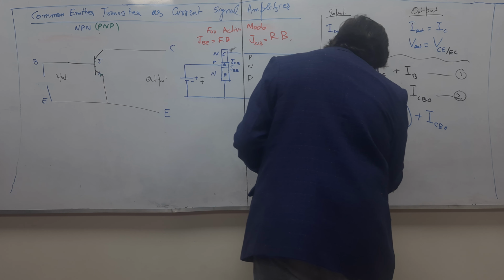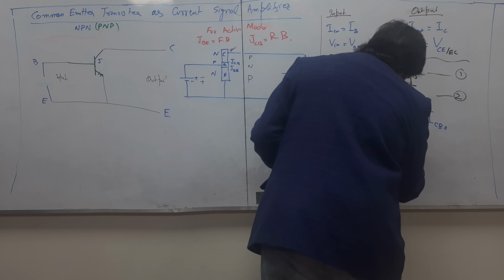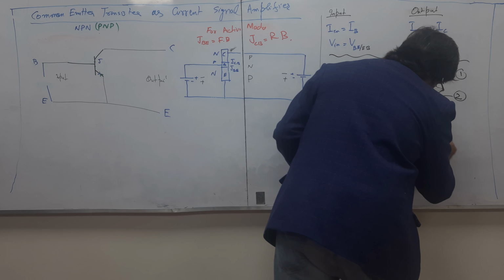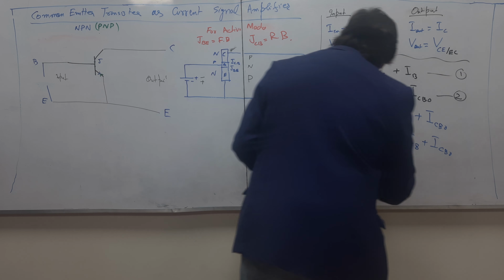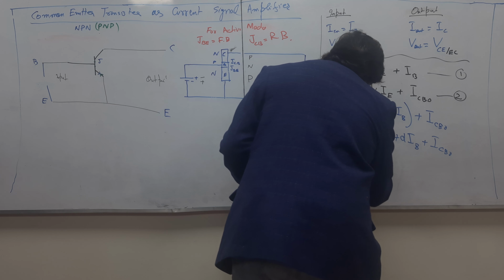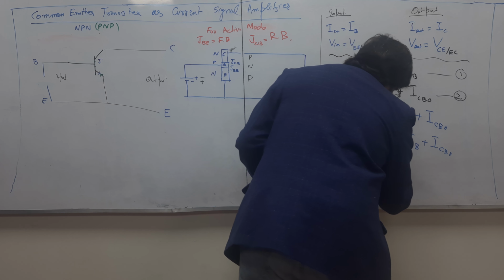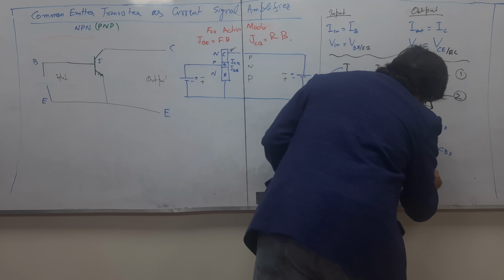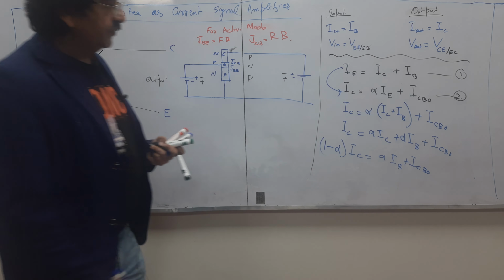This may be written as alpha IC plus alpha IB plus ICBO, or I may say that 1 minus alpha times IC equals alpha IB plus ICBO. So this will be our result.